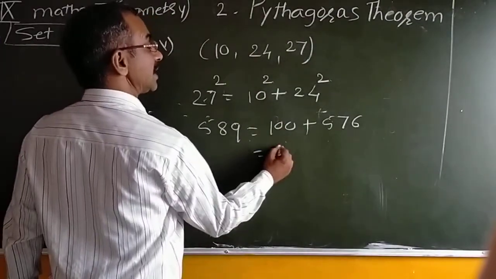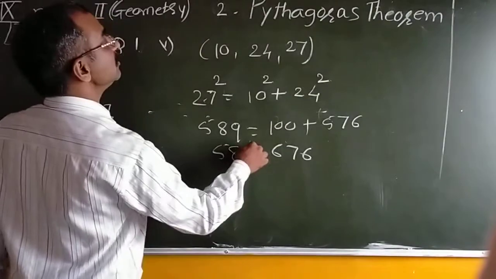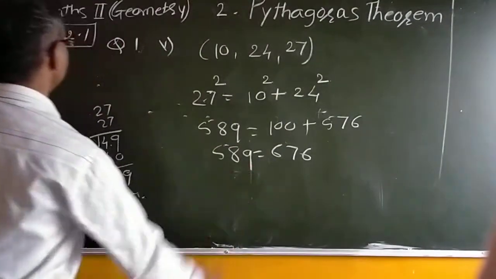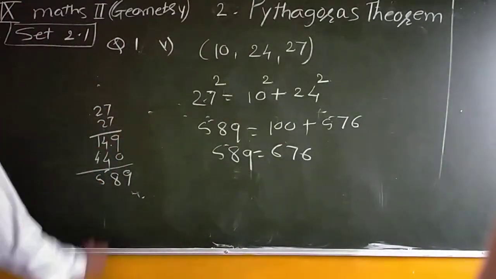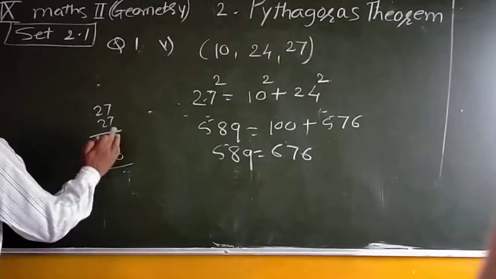Adding these two, we get 676, which is not equal to 589. Sorry.